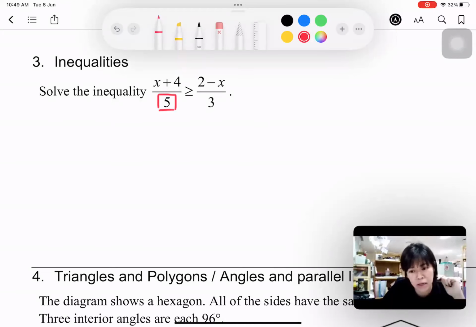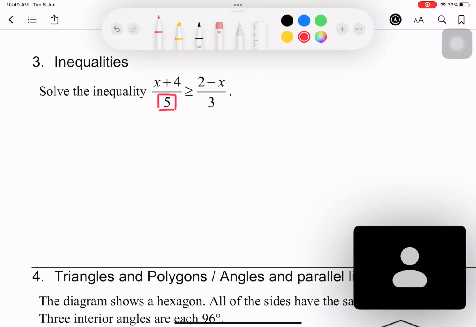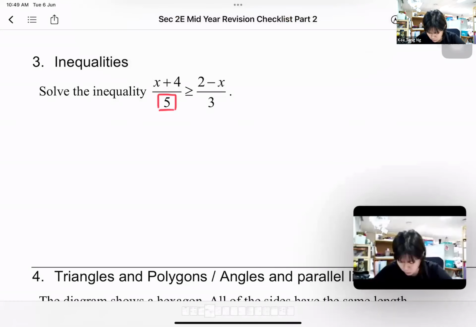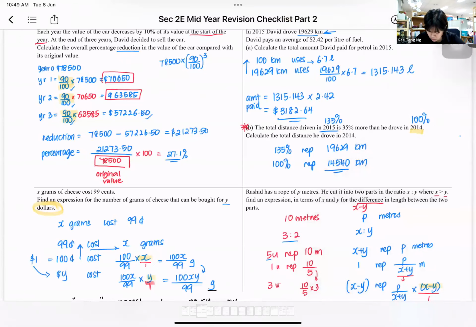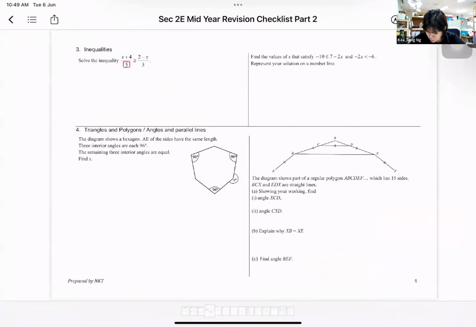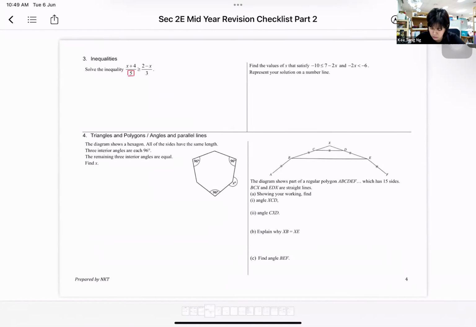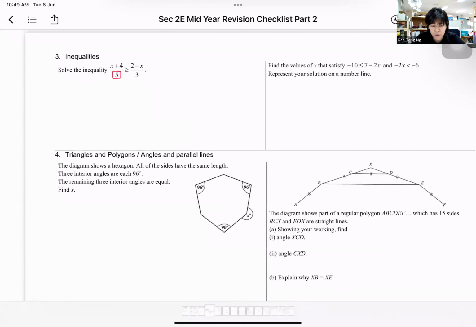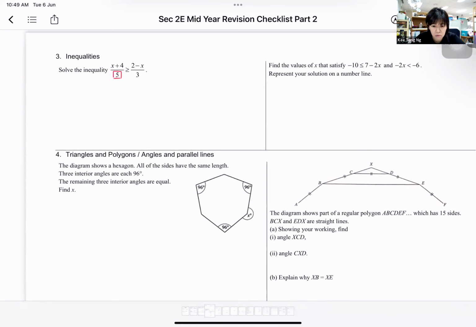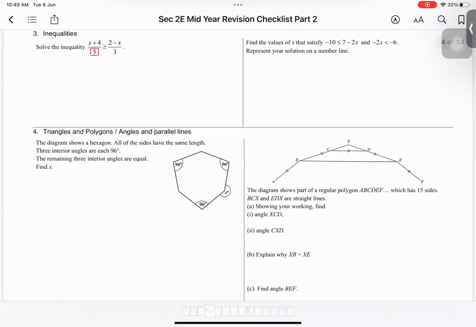Teacher, are we skipping page 4? Did I skip page 4? This one is page 4, right? I got another page 4. Can you find this page? This one is page 5.